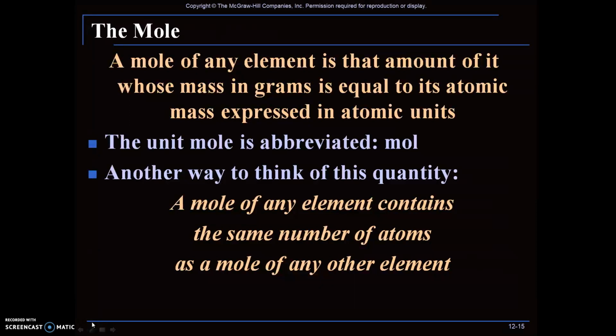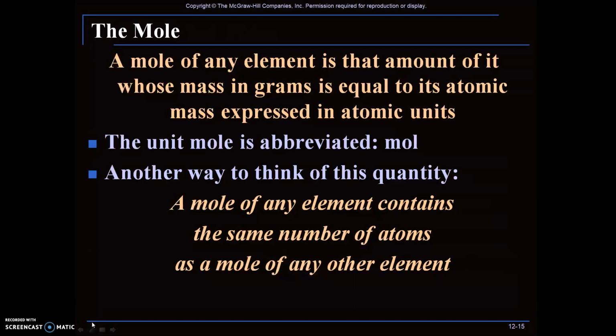For example, oxygen's atomic mass is 16. So 1 mole of oxygen is 16 grams. And carbon's atomic mass is 12, so 1 mole of carbon is 12 grams.